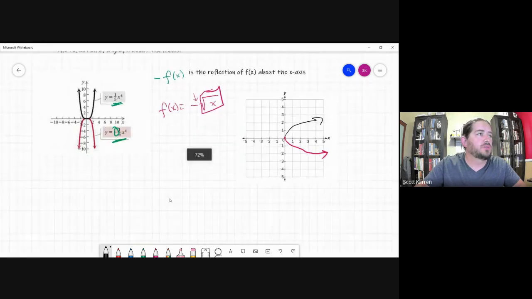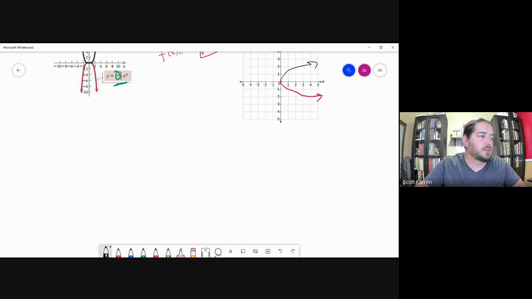If you want to reflect about the y-axis, f of negative x is a reflection of the function f of x about the y-axis.